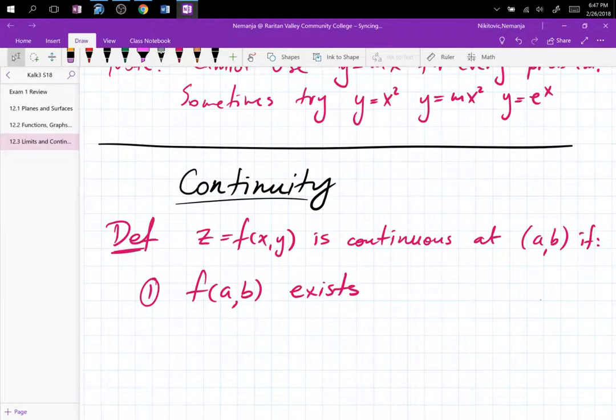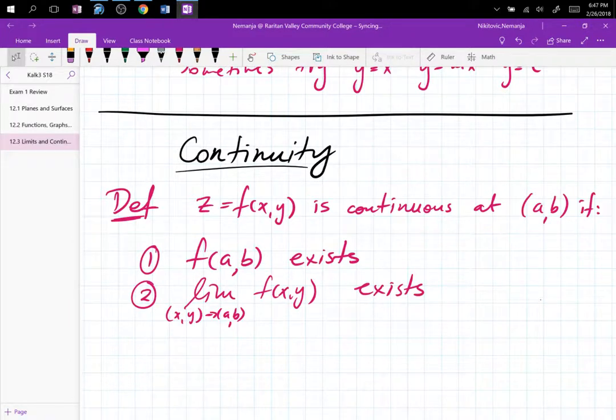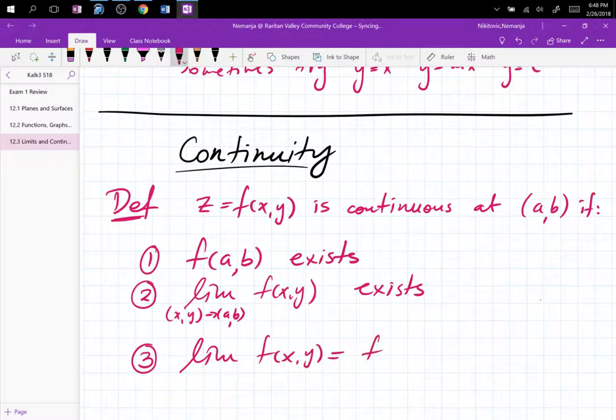If you get infinities or can't compute, then it fails. Number two, the limit of f of (x, y) exists. So if you approach (a, b) and the limit exists, you're good to go. Three and final, the limit has to give you f of (a, b). So it has to produce that answer.